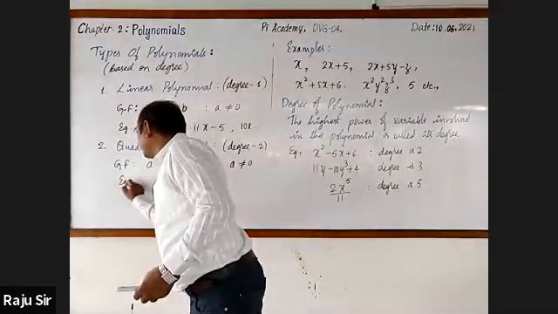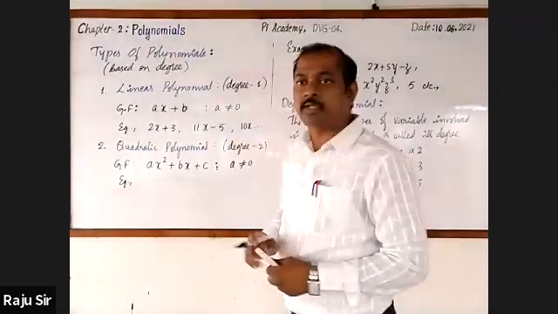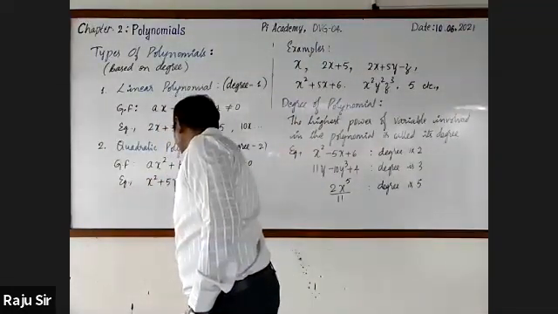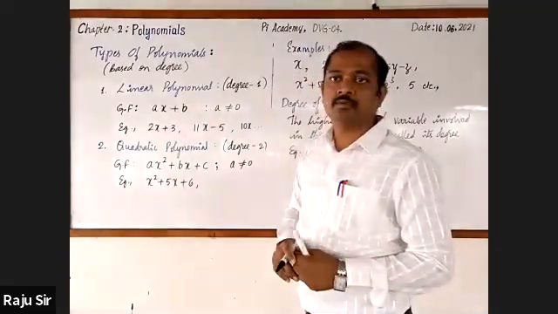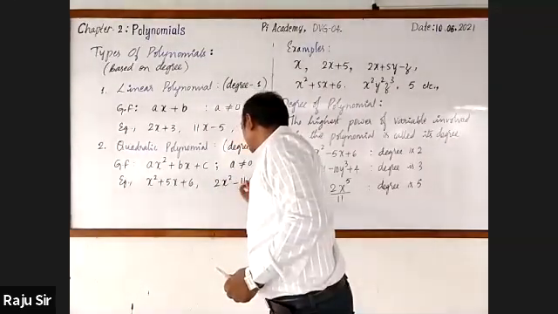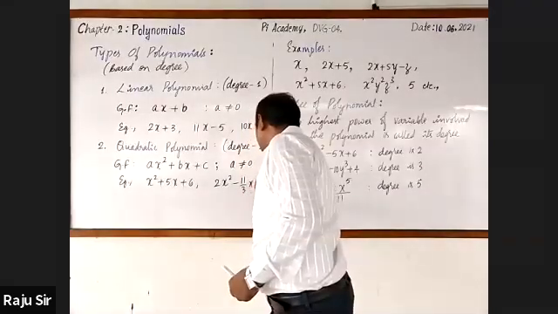I say example. It is x square plus 5x plus 6. Then 2x square minus 11 by 3x minus 4.